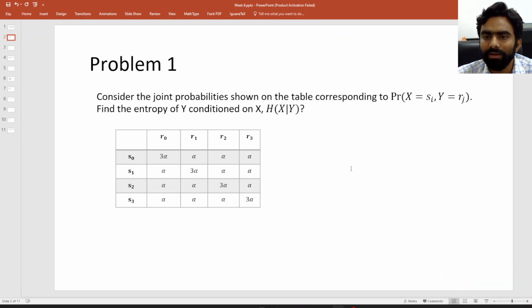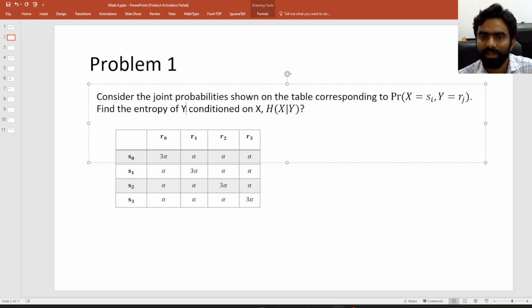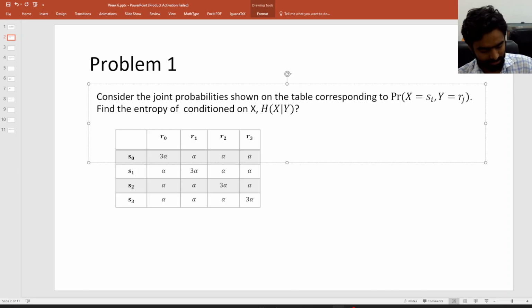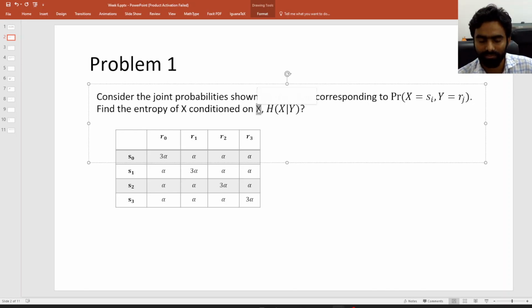Find the entropy of Y conditioned on X. Sorry, it is X conditioned on Y. Previously we have already solved the entropy H of Y conditioned on X in week 5. Now, with the bigger expression, I will solve this using the properties of conditional entropy.